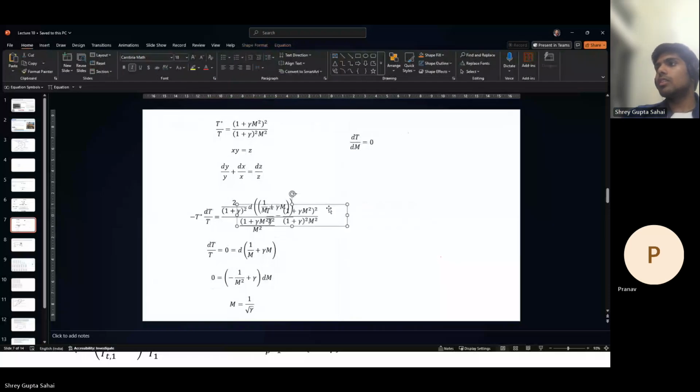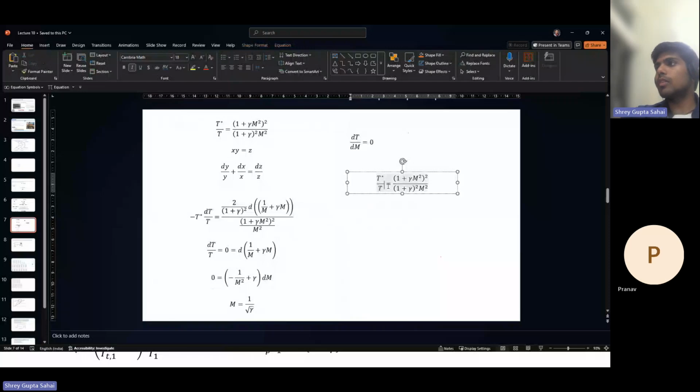Okay, so if I do this, what I'm going to get is T equals T star, and so on.